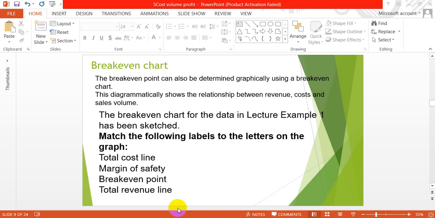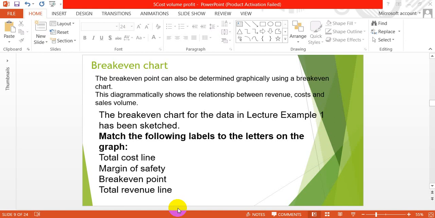In the previous exam structure, you were actually required to draw the diagrams. You would have been provided with graph paper and you had to draw some form of a chart and label the charts.